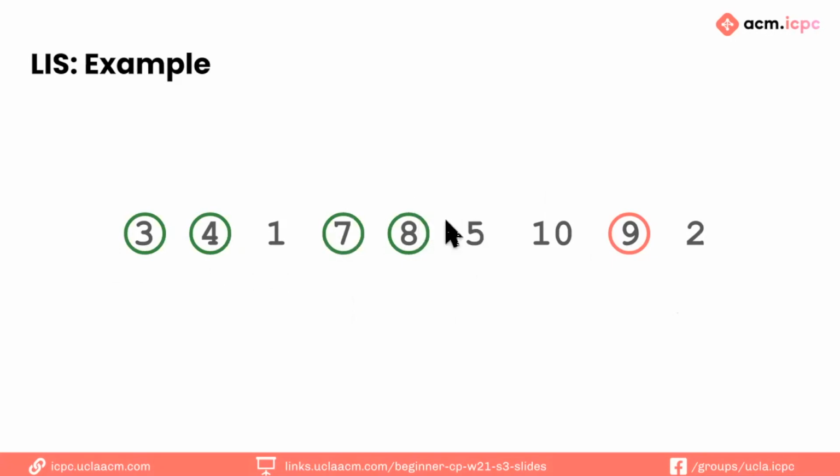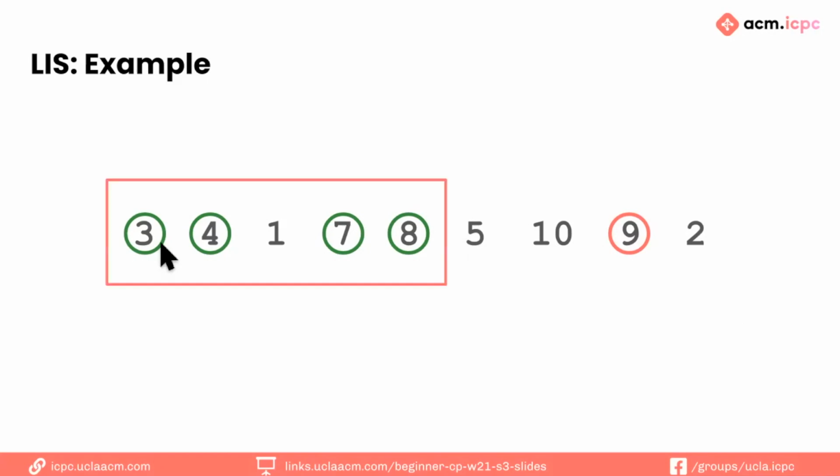Ultimately, you do need to test all of these. But it turns out there's a pattern: 3, 4, 7, 8 without the 9 is actually the longest increasing subsequence within itself.